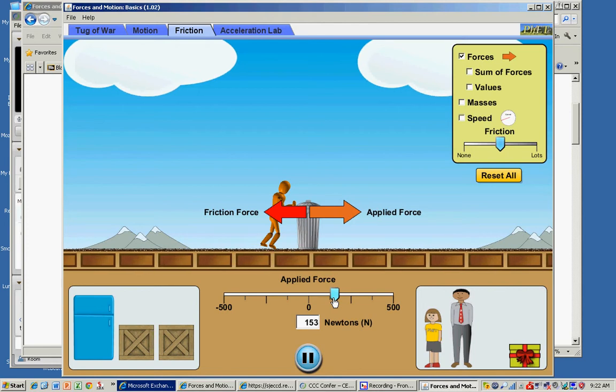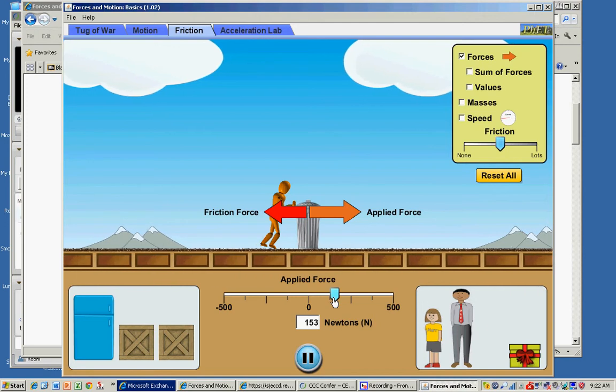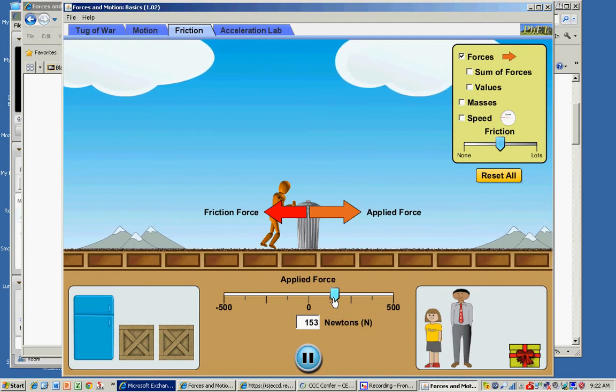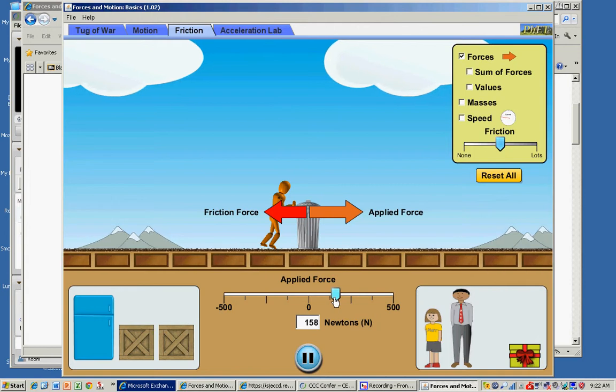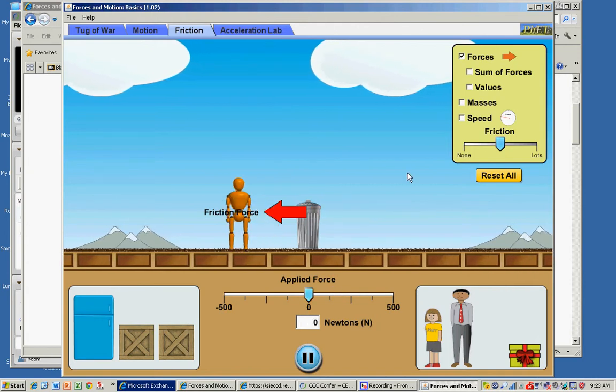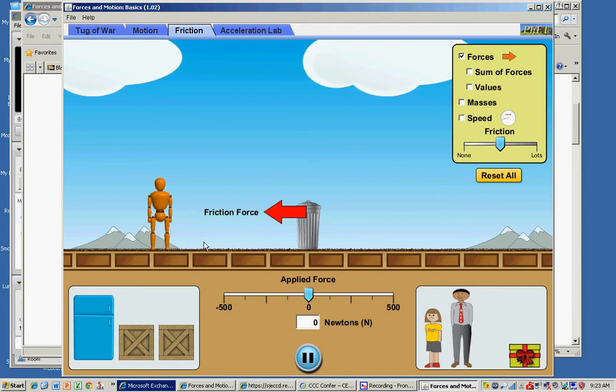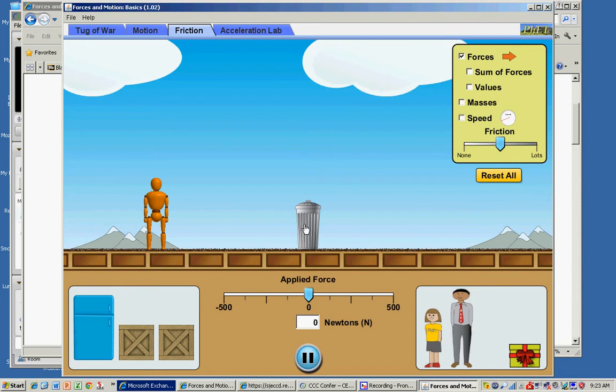Then static friction can't handle anymore, and motion starts. And when that happens, instead of talking about static friction, we talk about kinetic friction. Once you stop applying the force, kinetic friction will be the one responsible for stopping the motion.